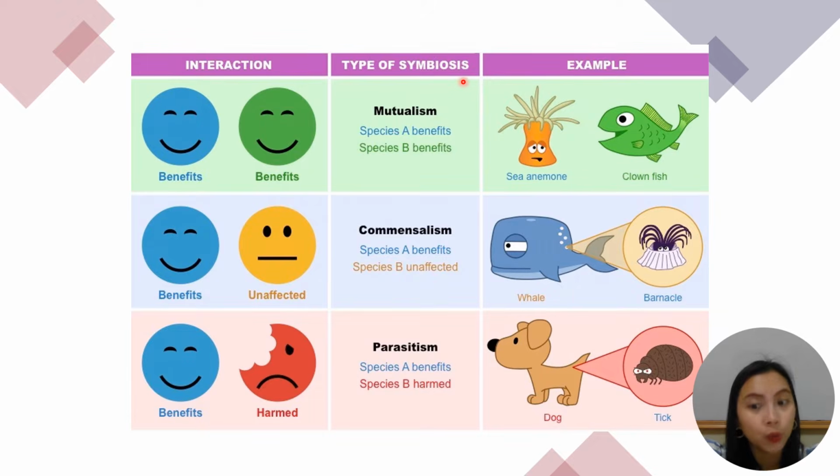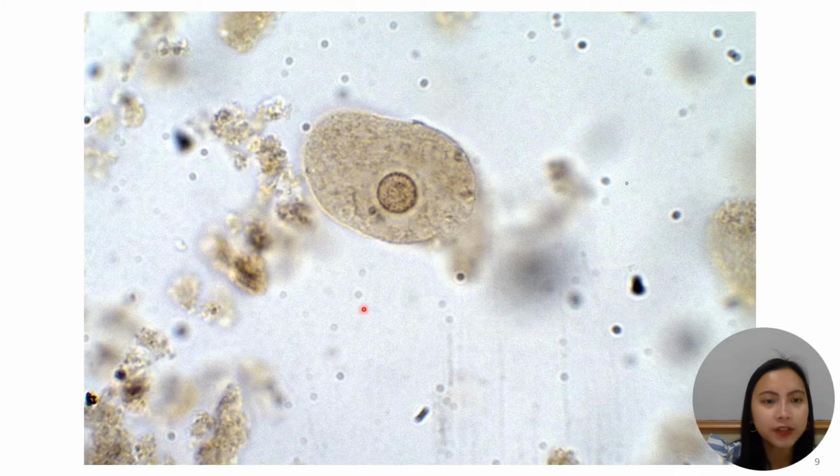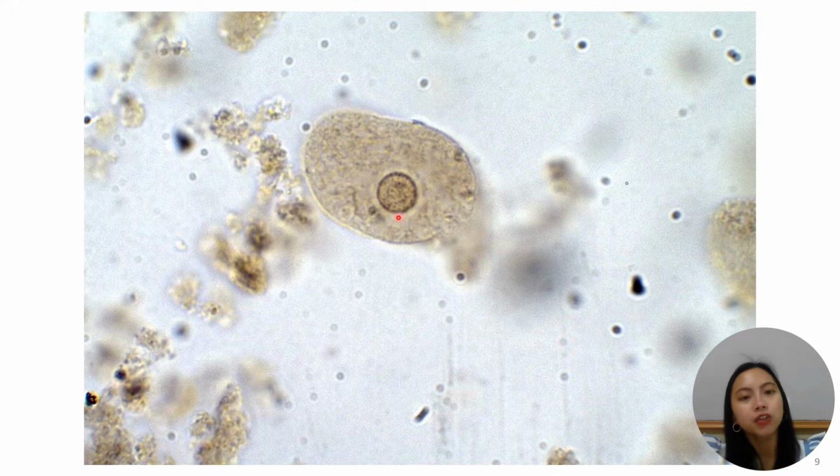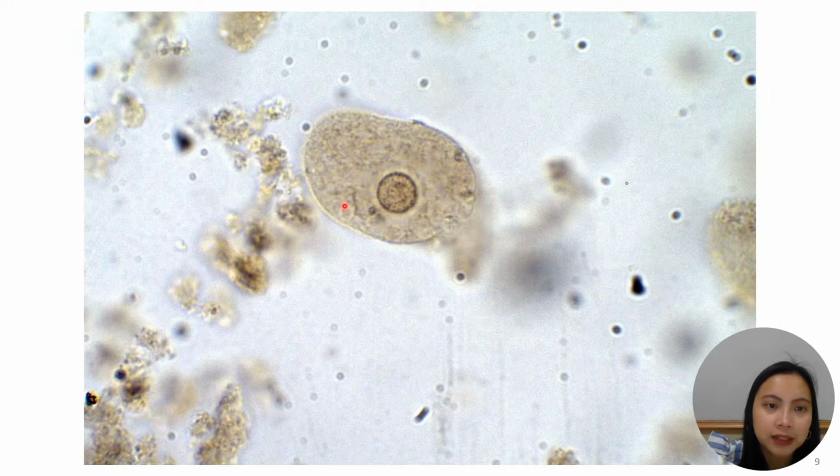Let me show you what an Entamoeba coli is. Here's the picture of an Entamoeba coli in the stool sample of the patient or the host. So this is what an Entamoeba coli looks like. Soon you will see this face to face under your microscope in our laboratory activities. But for now, just take a look at this structure. This is the nucleus of the Entamoeba coli, and this is the entire structure of the organism.